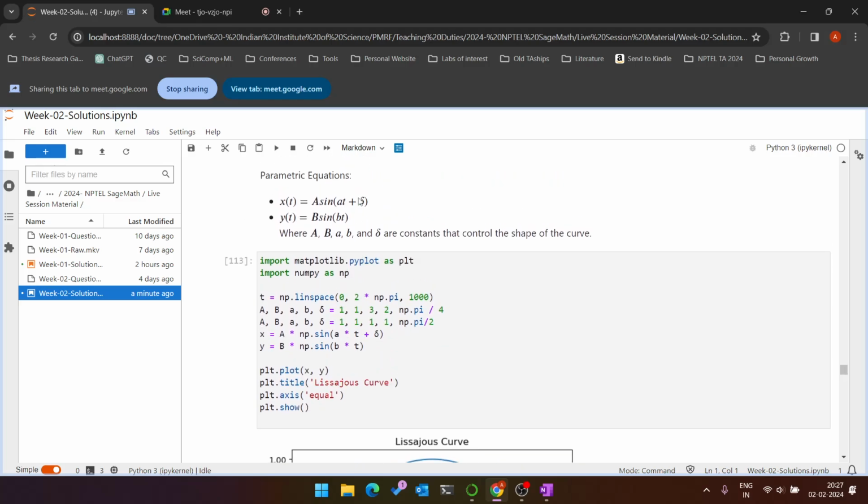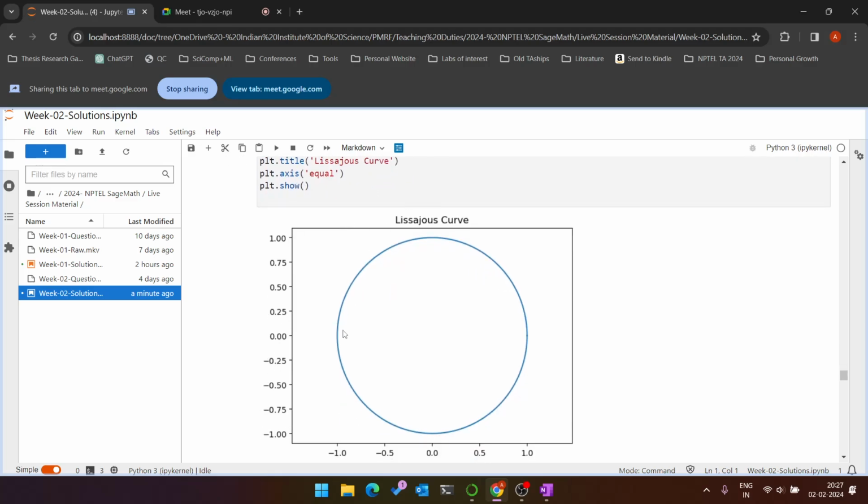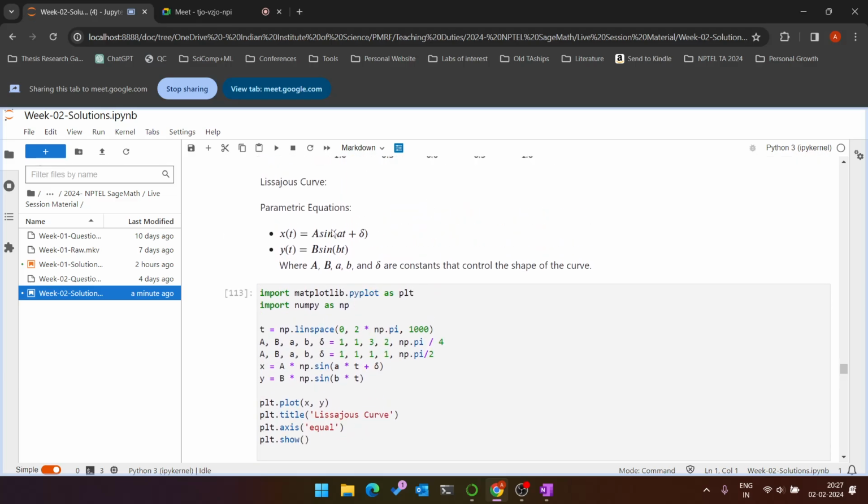So we have x of t is cos of t and y of t is sine of t, so your Lissajous curve becomes a nice unit circle. From what form this Lissajous curve takes, you can infer what sort of functions x of t and y of t are.